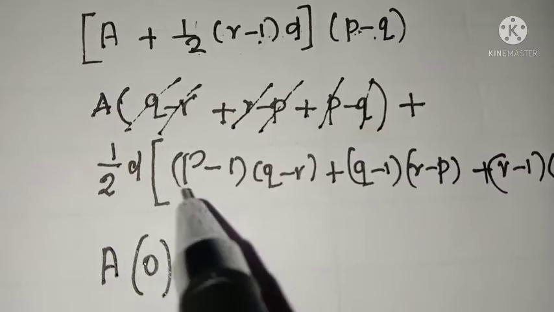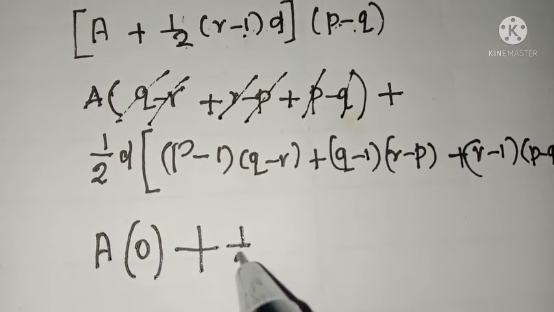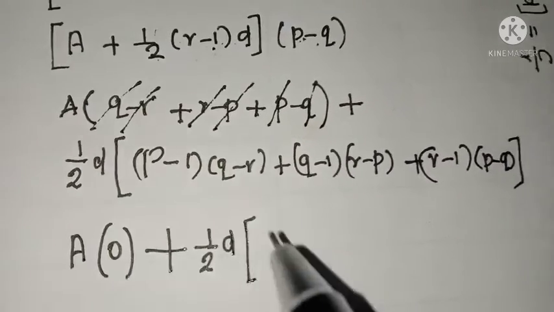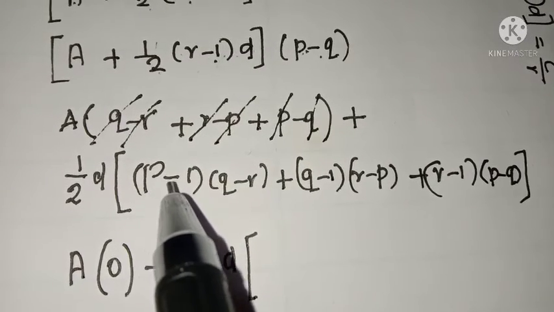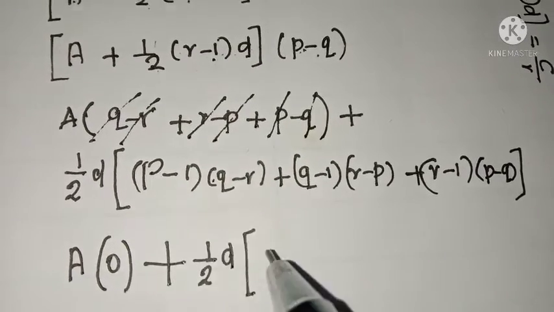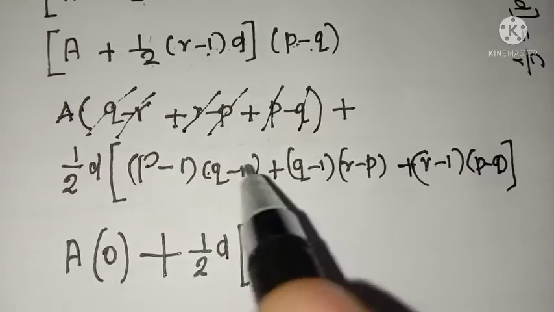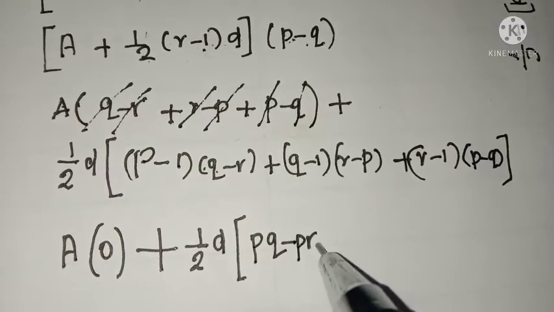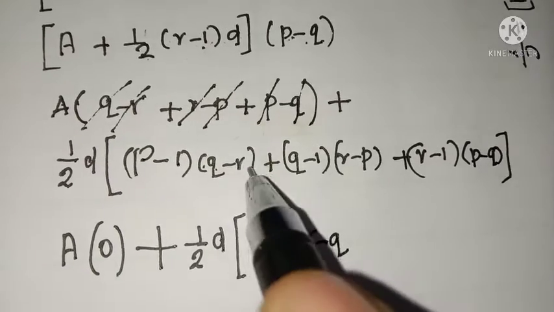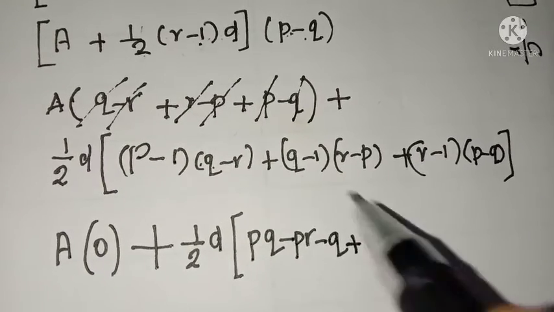Okay. Plus, now see this expression, half d into. You can open the bracket term by term. P into q, pq; p into minus r, minus pr; minus 1 into q, minus q; minus 1 into minus r, plus r.